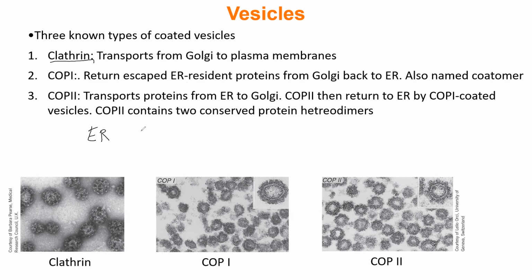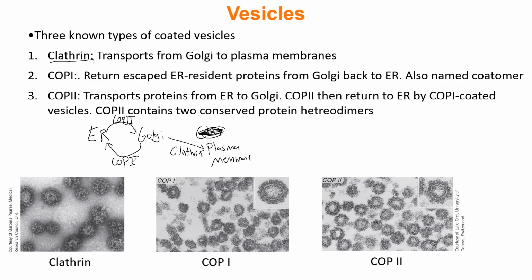So we have endoplasmic reticulum, Golgi, Clathrin, not Clathrin, plasma membrane. Got ahead of myself. So from Golgi to plasma membrane, that's Clathrin. If we're going from the ER to the Golgi, that is COP2. If we're going from the Golgi to the ER, that's COP1.